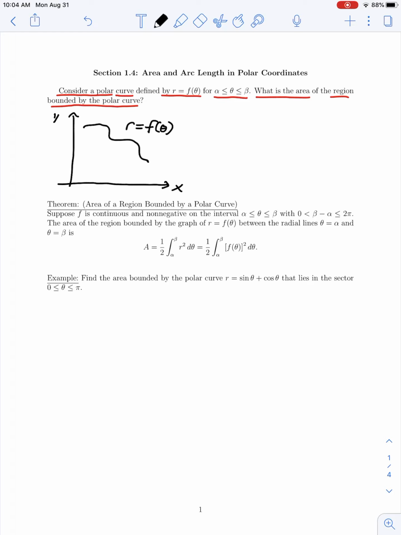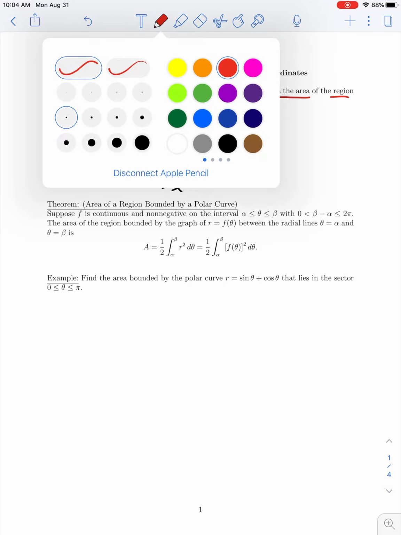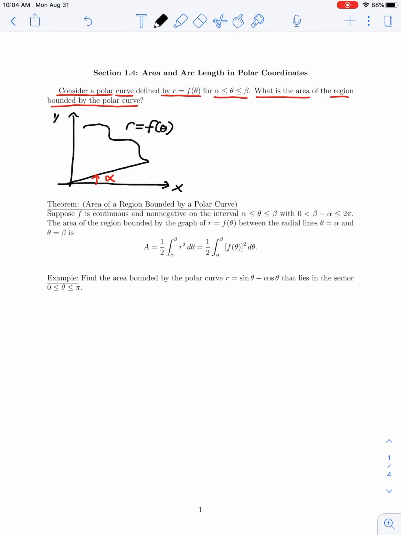So we have some curve defined by r equals f of theta, within some range of theta values, say from theta equals alpha, where we rotate from the positive x-axis by alpha radians, up to some other angle measure, theta equals beta.